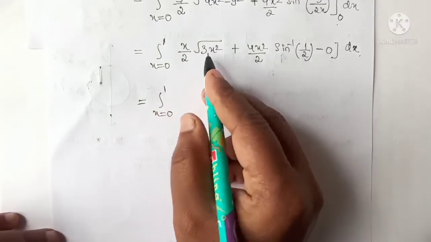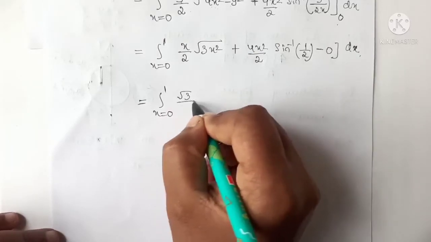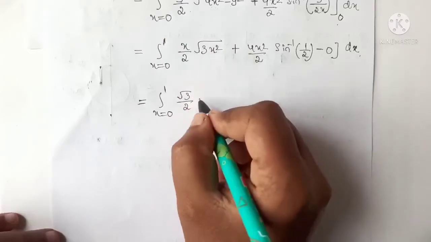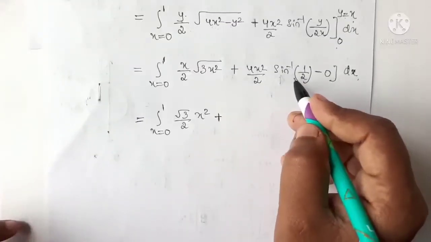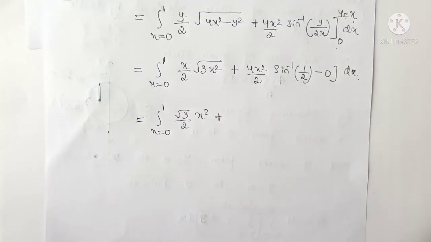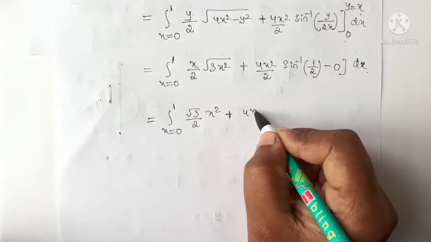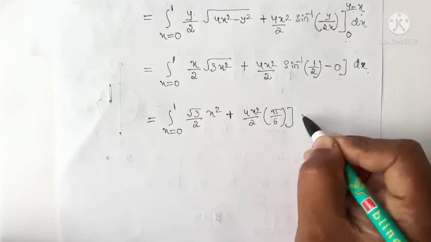Here root 3 as it is, we write root 3 divided by 2. The square and square root of this x get canceled, x into x we get x square, plus sine inverse of 1 by 2, 30 degree, that is pi by 6, so 4x square by 2 into pi by 6 into dx.